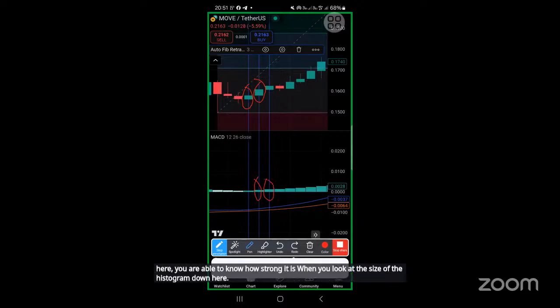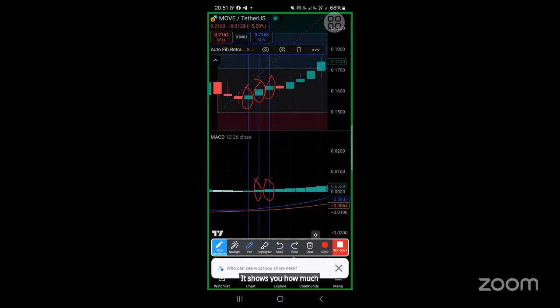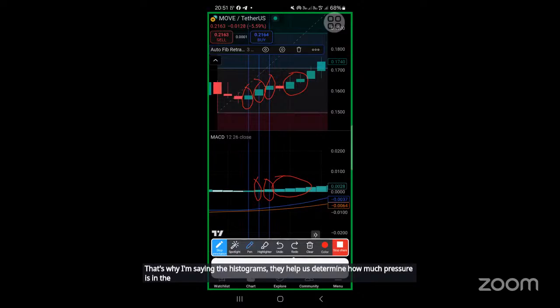It shows you how much pressure is in the candle above there. That's why I'm saying the histograms help us determine how much pressure is in the market.